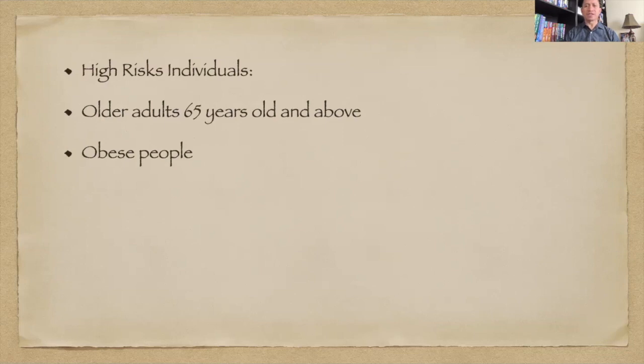If your BMI is between 18.5 and 25, then you are considered normal weight. If your BMI is 25 to 30, then you can be categorized as overweight. And if your BMI is 30 and above, then you are considered an obese individual.